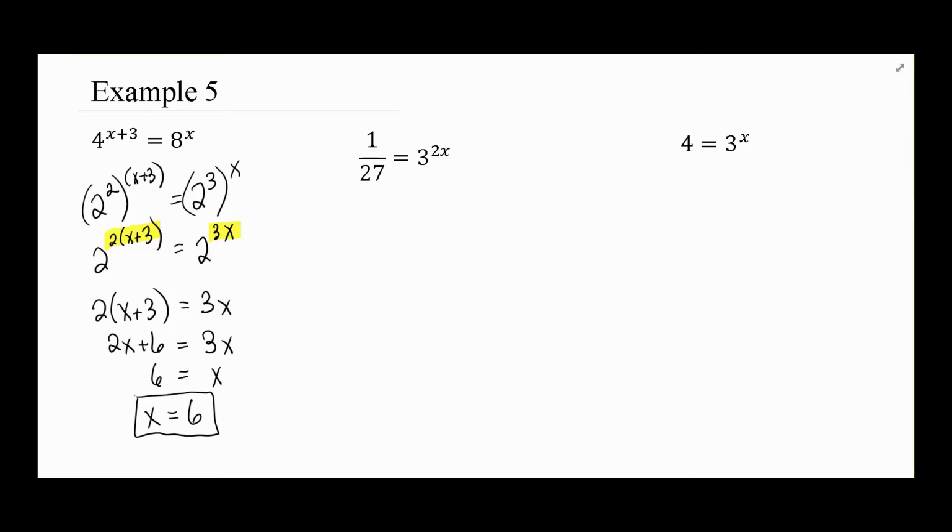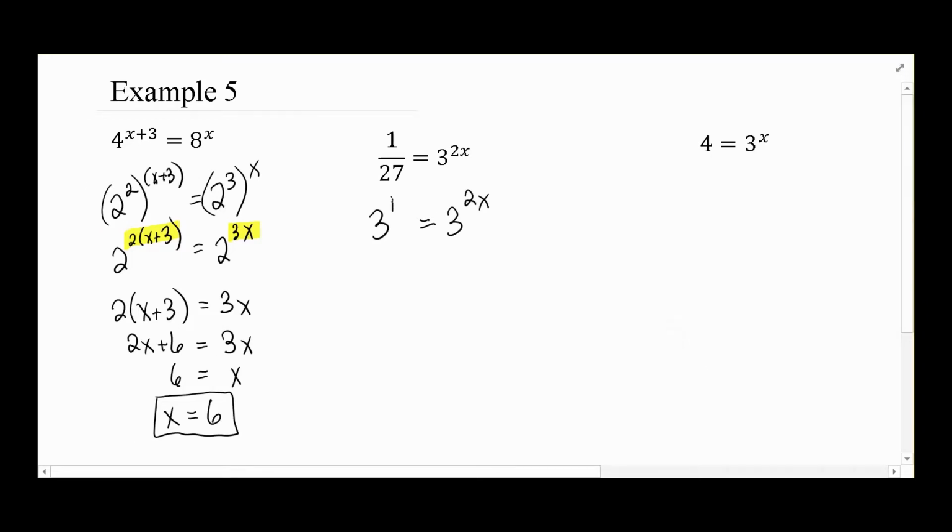Now this one, look at where the x is at. Where the x is at is typically going to be our goal base. So we have 3 to the 2x. 3 is already pretty much as good as we're going to get. So then we look at the left-hand side and say, I want to rewrite it as 3 to a power.